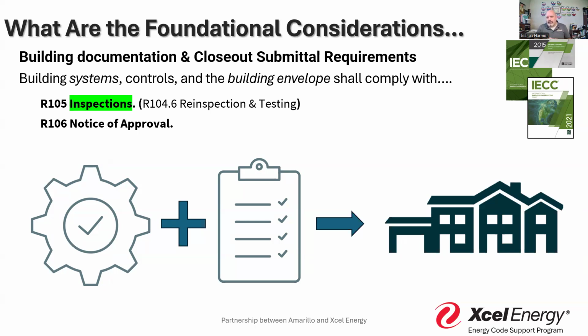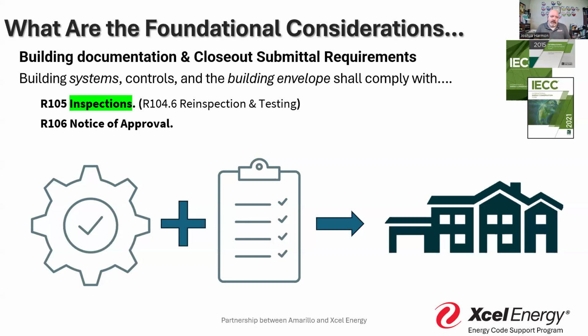One of the things the code references more in the commercial than in the residential is this expectation on testing. If there's an inspection that leads to some questions, there's a call for the building official to say, I need this tested. We've got too many questions.